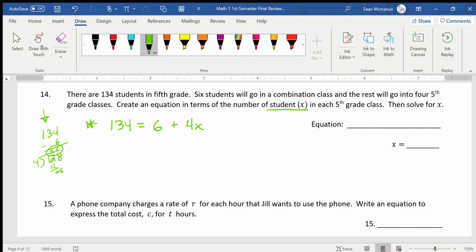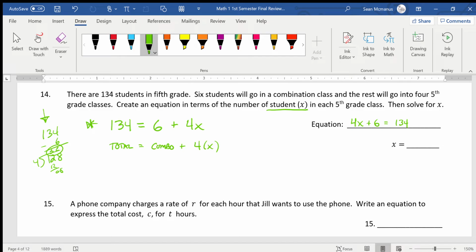The total number of students is kind of the extra kids, the combo kids, plus the number of classes times how many kids are in each one. So anyway, that would be my equation. So I know that, let's put it this way, 4x plus 6 equals 134.